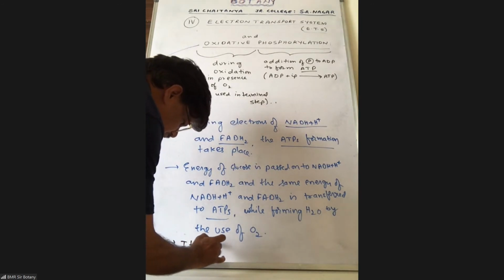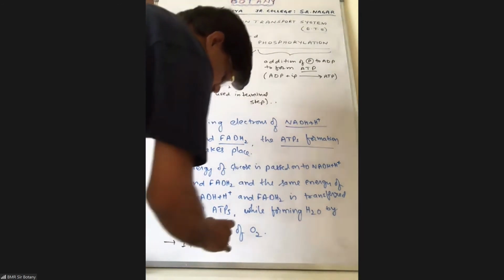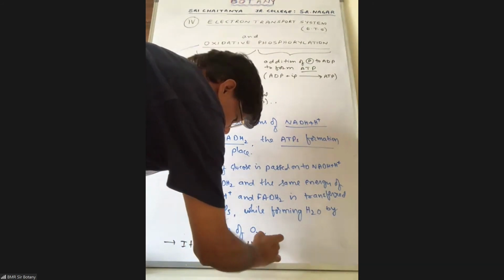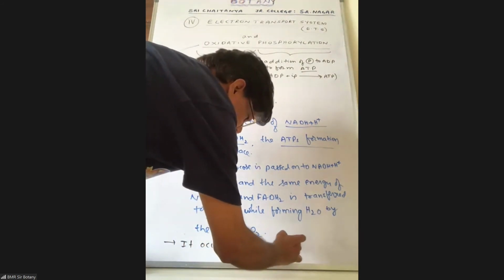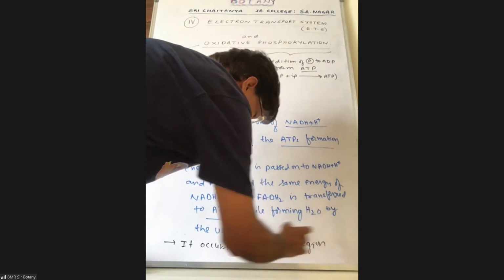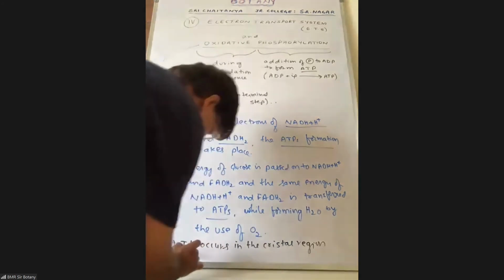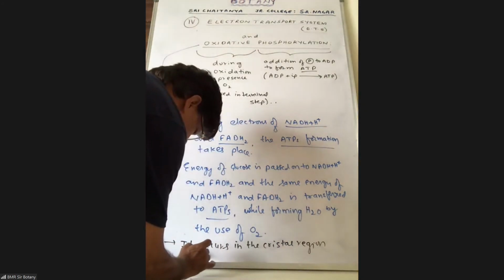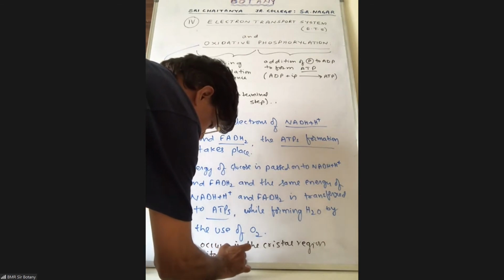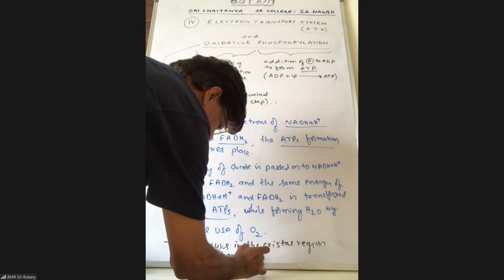It occurs in the cristae region. That was part of inner membrane, actually, of mitochondria. Confused?